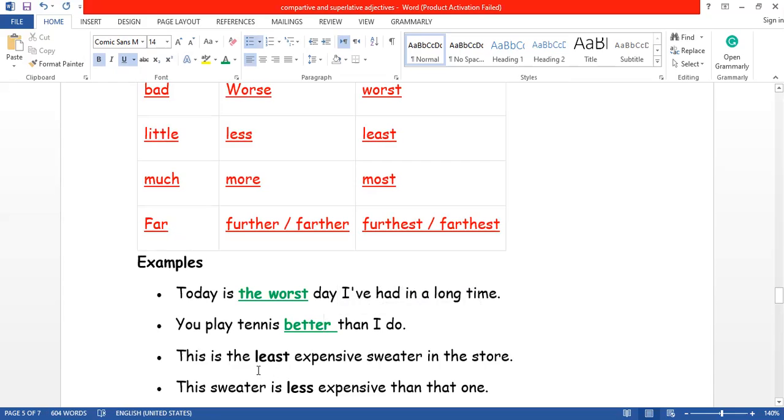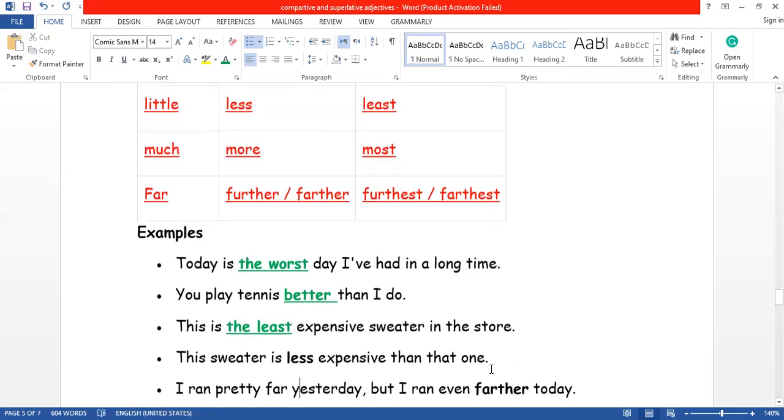That's it. The next example: this is the least expensive sweater in the store. The least. It's superlative. Least expensive sweater in all this store. Okay?